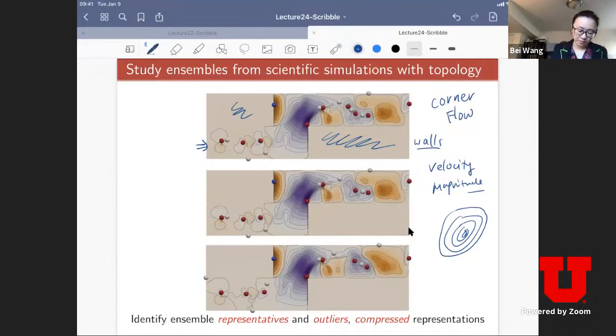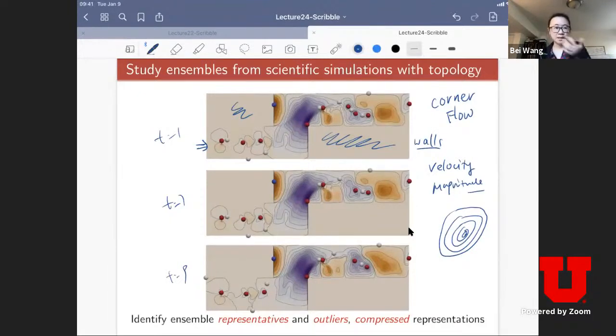This is time 1, this is time 7, this is time 9. I don't remember the exact time steps, but this is a time-varying flow. As you flow from the lower left corner to the upper right corner, as time goes on, the underlying scalar field changes. You can also look at the change of the corresponding merge tree of each instance.